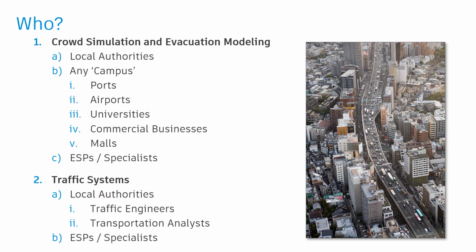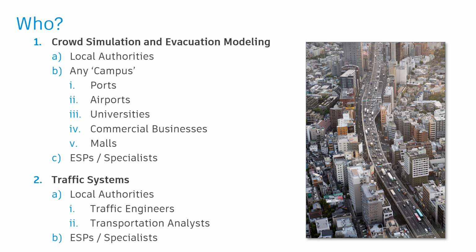So as far as who might be interested in this type of technology, it boils down really into two main areas. We have crowd simulation and evacuation modeling. So this is generally talking about people moving around generally on foot.